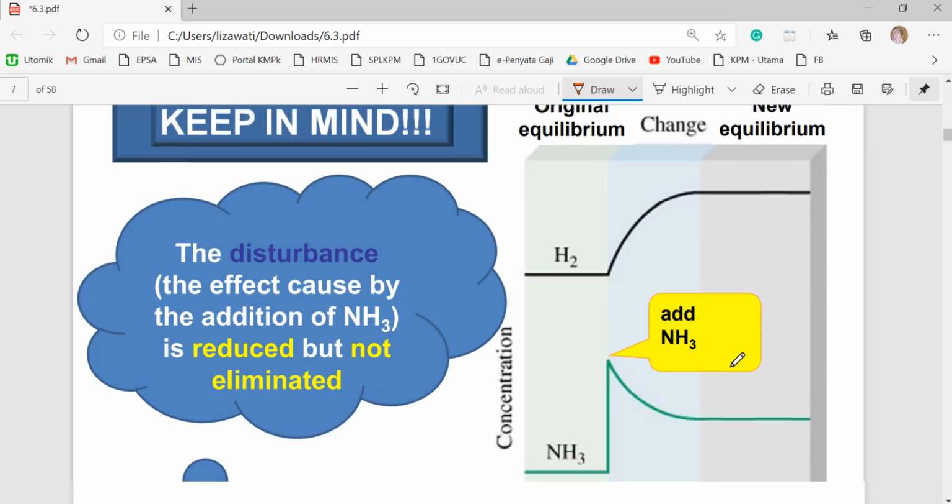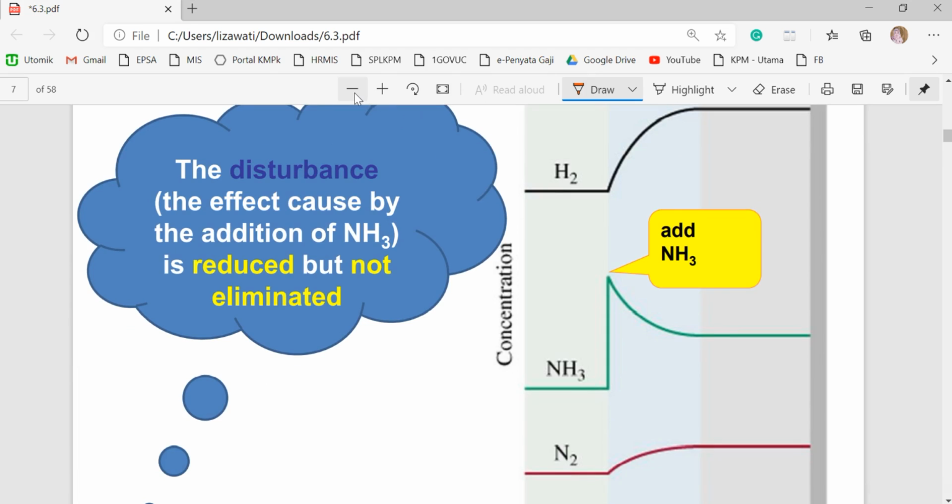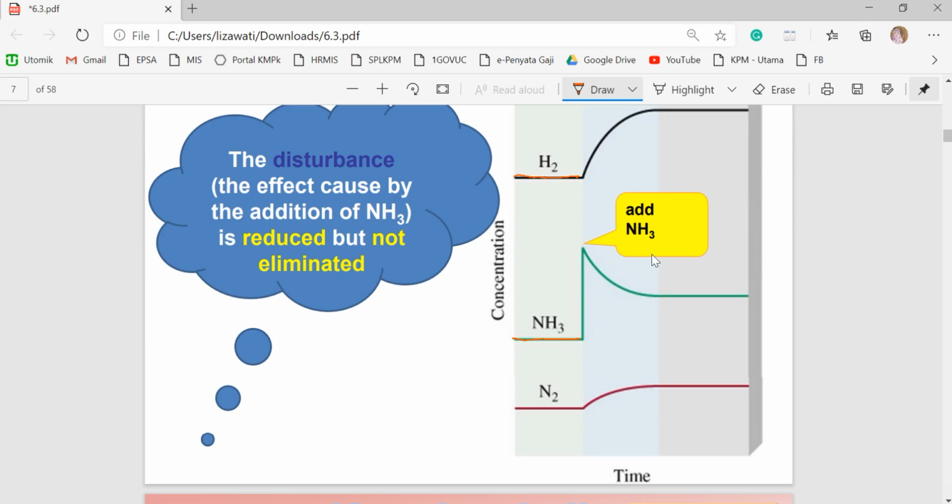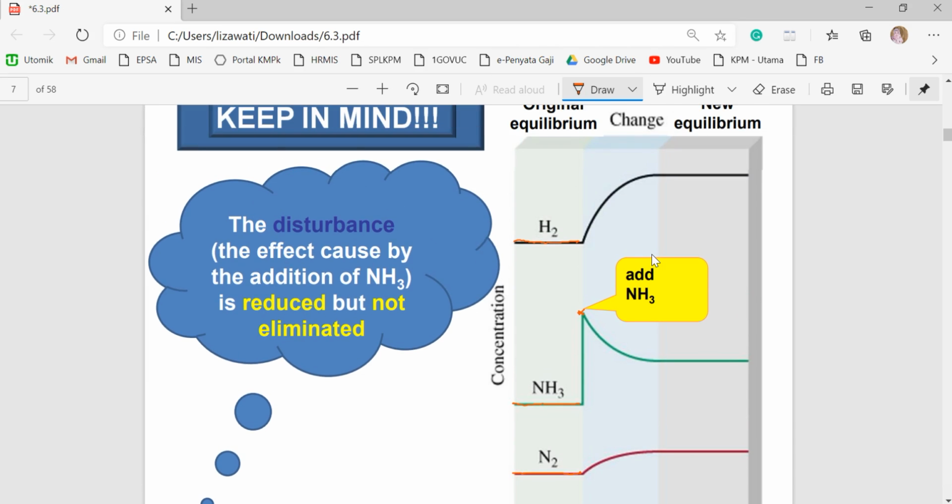Next, let's look at this in the form of a graph. We can see the system at the original equilibrium. A constant line shows that the system has already achieved equilibrium. Then we add more NH3, so the concentration of NH3 increases drastically, and the system tries to achieve a new equilibrium.